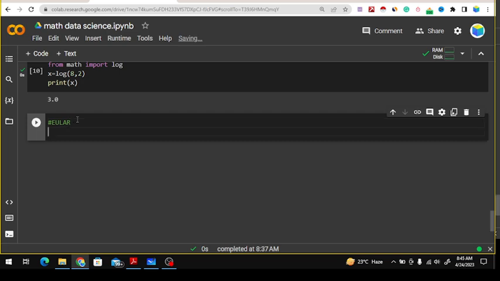First we calculate the compound interest in Python.